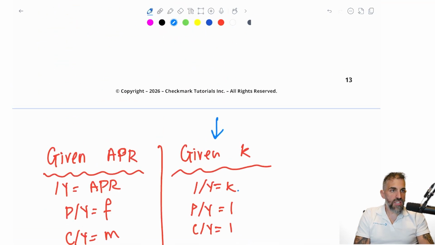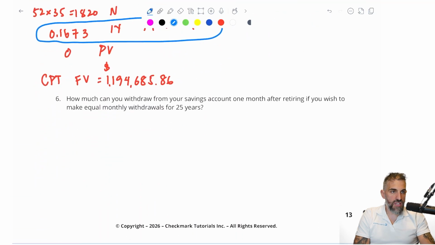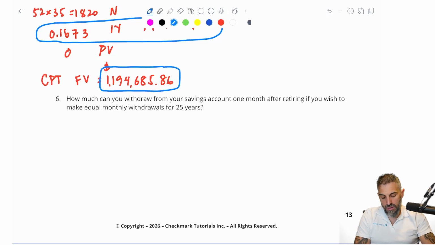Okay. 6 is a continuation of 5. It says, how much can you withdraw from your savings account 1 month after retiring if you wish to make equal monthly withdrawals for 25 years? So we retired with this amount. Okay, so now we're here, right? At the beginning of our retirement, we have 1,194,685.86.